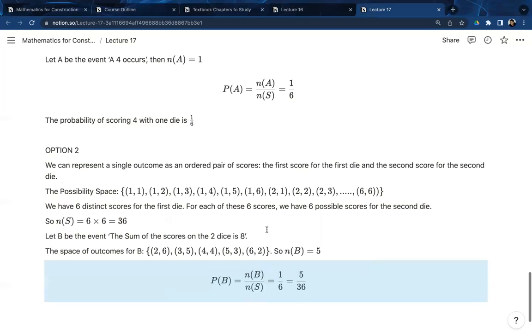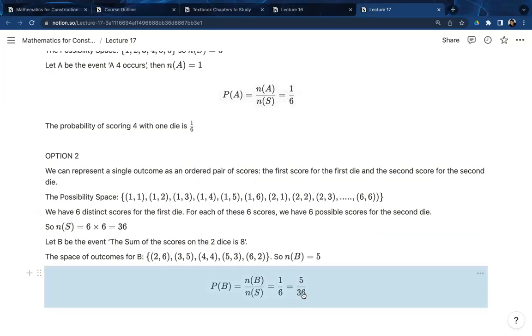And 1/6 is 6 over 36. So 5 over 36 is less than 6 over 36.